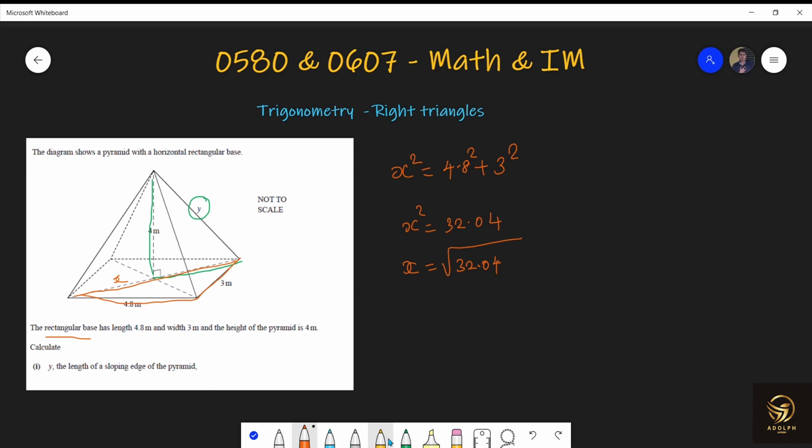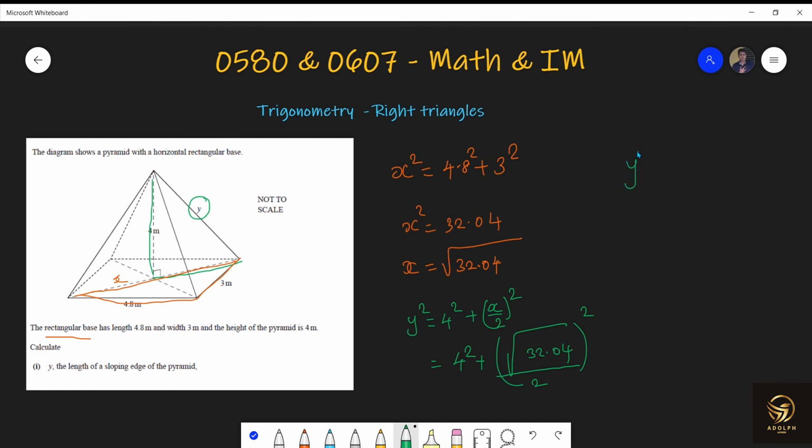Let me start substituting in the required one. Here y is also a hypotenuse. So y square equals 4 square plus half of x squared, or I can say it is x by 2 the whole square. So I get 4 square and x by 2 whole square is the square root of 32.04 divided by 2, then squared, and I can put the same value in my calculator.